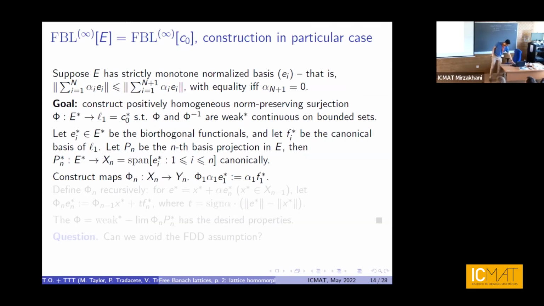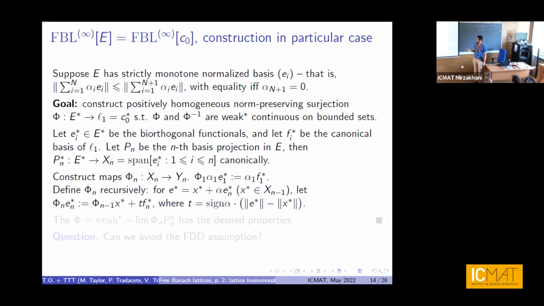And if we go beyond this, let's say phi_{n-1} has already been defined on X_{n-1}. Then if we have a vector e star in X_n, this e star can be written as x star, which comes from X_{n-1}, plus some multiple of e_n star.